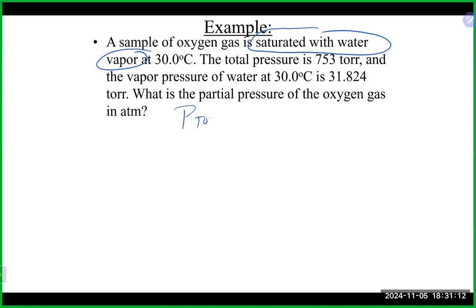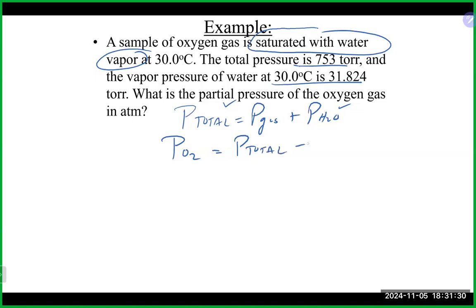So the total pressure in this situation would be the pressure of the gas plus the vapor pressure of water. In this case, they did give us the vapor pressure of water, so we have that, and we have the total pressure here. So the pressure of our oxygen would be our total pressure minus the vapor pressure of water, and that's going to give us 753 torr minus 31.824 torr.